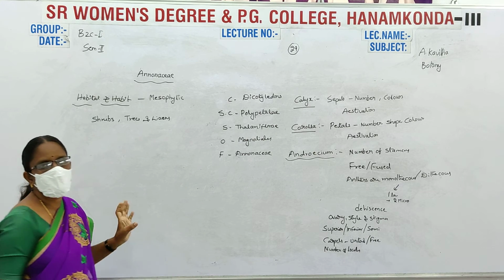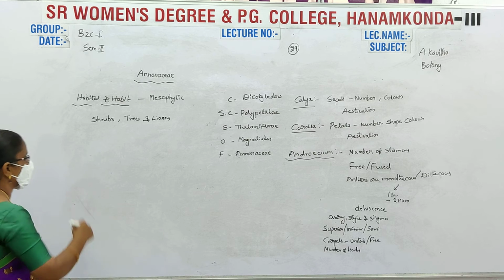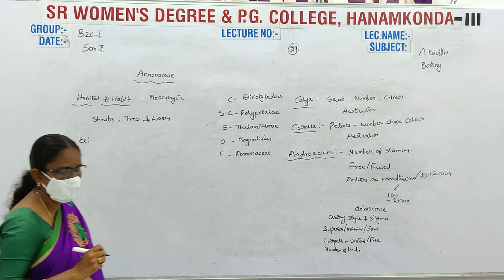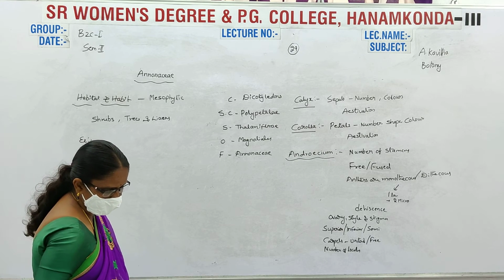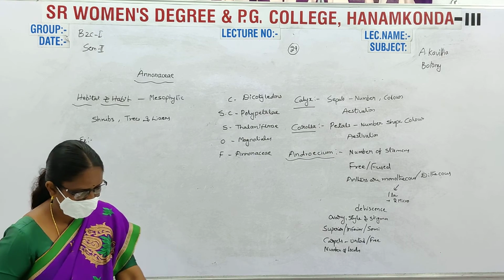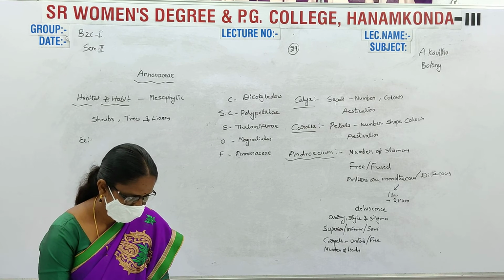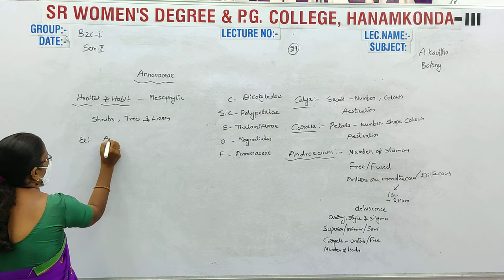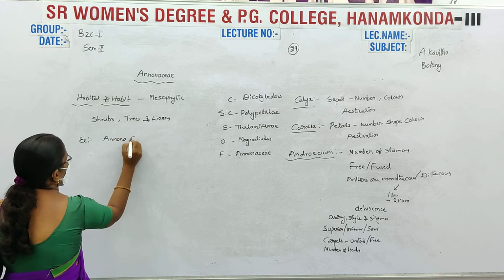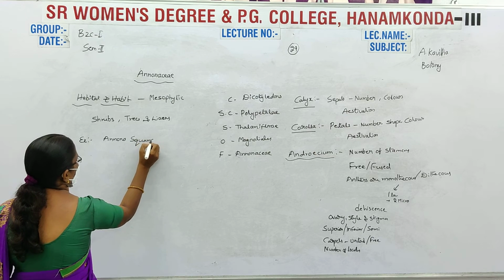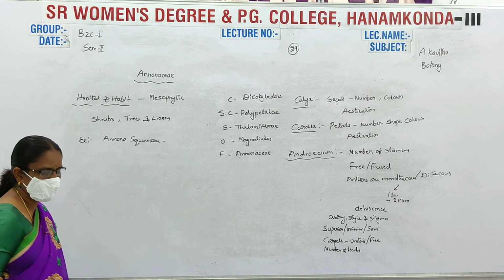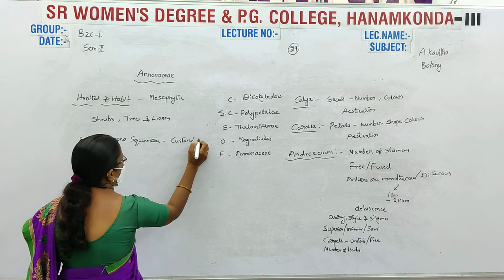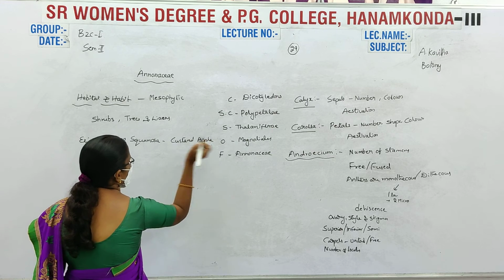Next, some examples of Annonaceae family plants. For example, Annona squamosa, the custard apple tree, which is a shrub.